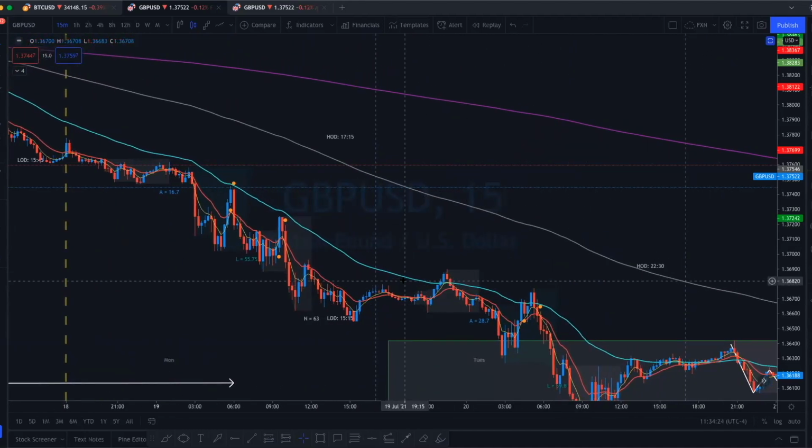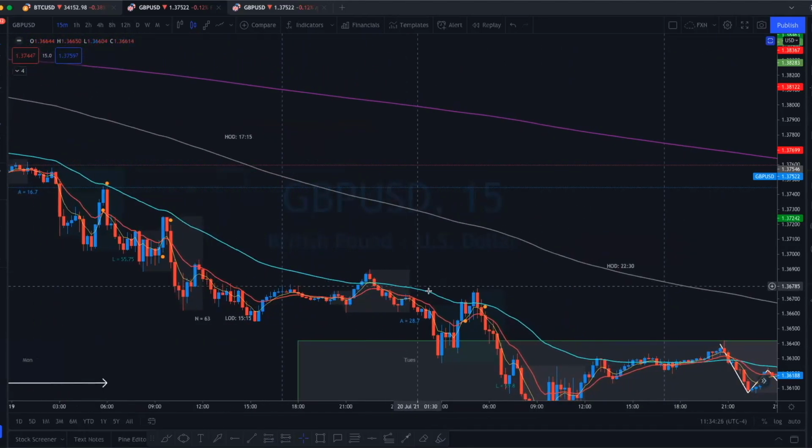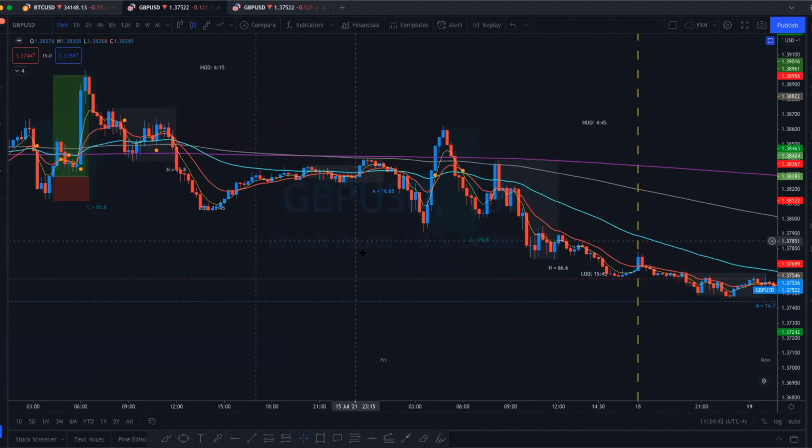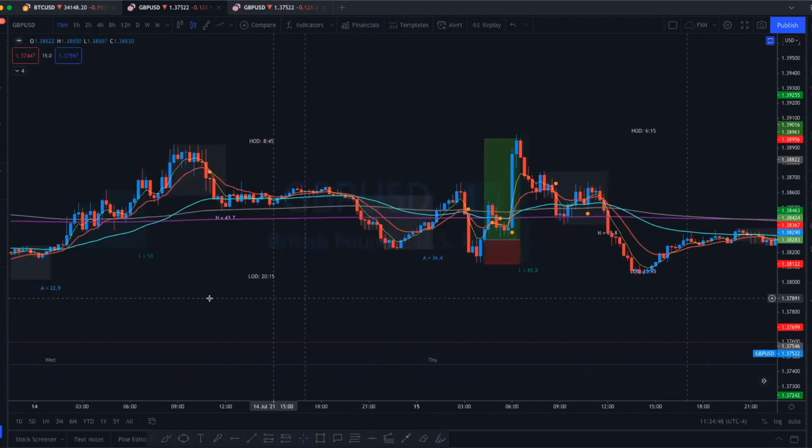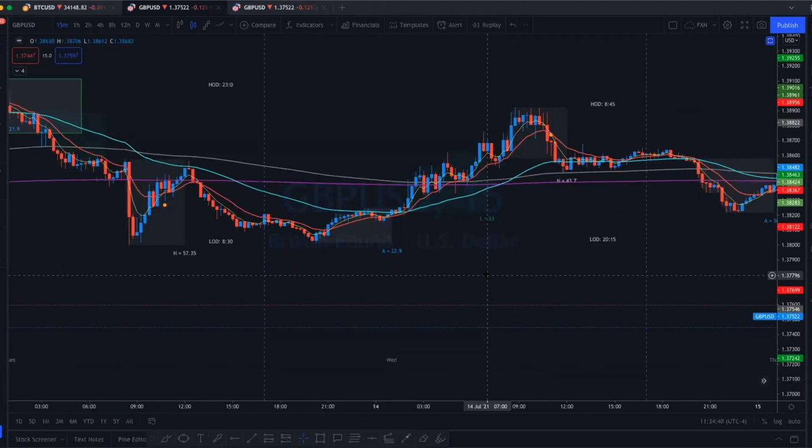So, key factors of the EMAs. On type 3 setups, you want to have a pin of the 50. For me, I don't take a type 3 setup that doesn't pin to the 50. On type 1 setups, you're not always going to get a pin to the 200, because clearly sometimes the EMAs are not going to be there to help you pin.